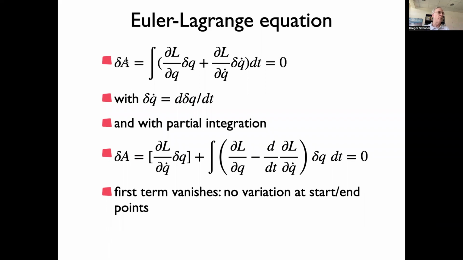So when we want to take the variation of something, we can do that sort of like a derivative. So we can take the derivative of A with respect to q. It's actually the derivative with respect to a whole function. That's called a variation. But you can say it's intuitive, like a derivative. So if I want to compute the derivative of this integral, I have to take the derivative with respect to the free functions in there.